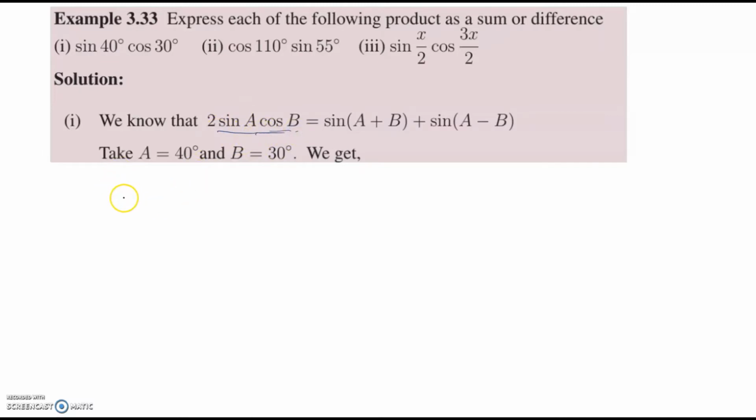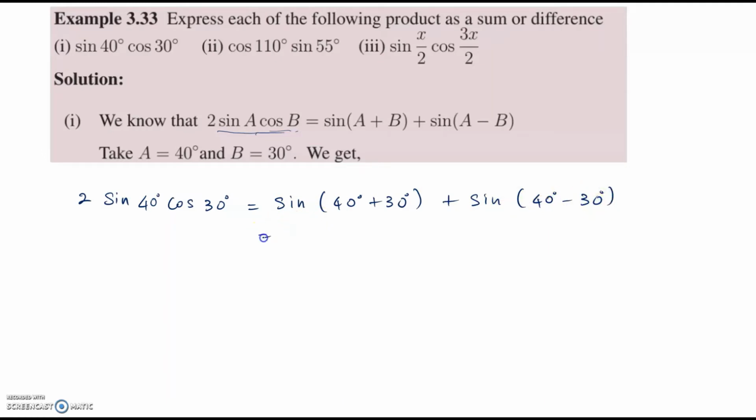So, what we will get is 2 times sine 40 into cos 30 degrees will be equal to sine(40 plus 30) plus sine(40 minus 30), which is sine 70 degrees plus sine 10 degrees.